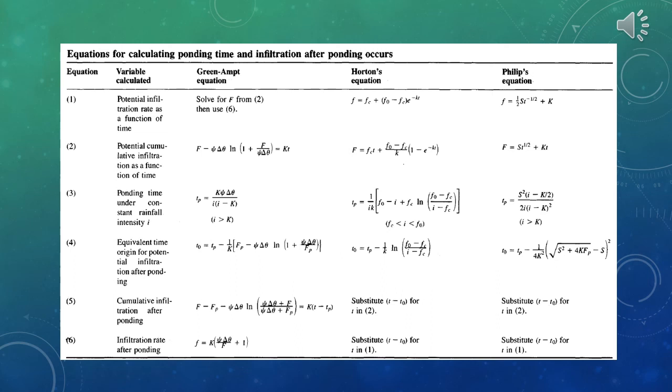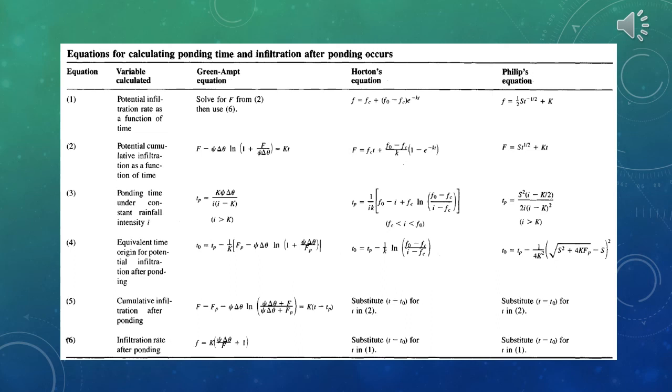In Horton's equation, there is a constant rate at the beginning, f0, and we need to use f is equal to fc plus (f0 minus fc) exponential minus kt. And for Phillips equation, f is equal to 1 over 2 sorptivity times square root of 1 over t, minus 1 over 2, plus hydraulic conductivity.